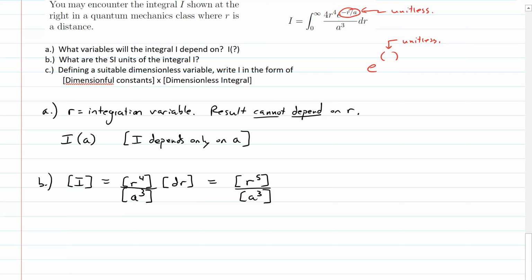So that means r over a is unitless. So that means r has the same units as a. So the units of r are the same as the units of a because the exponent has no units. So the answer will be r to the 5th over a cubed, so that'll be r squared. So the units will be in meters squared.